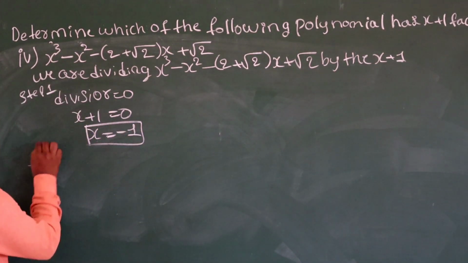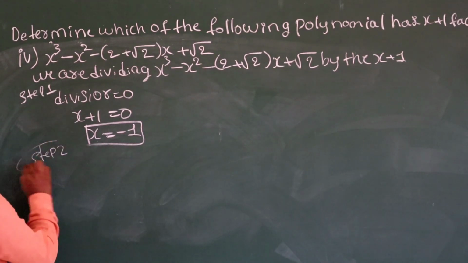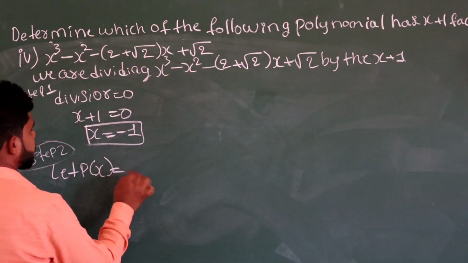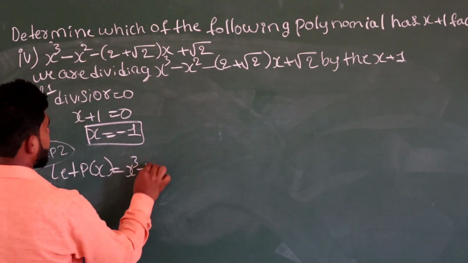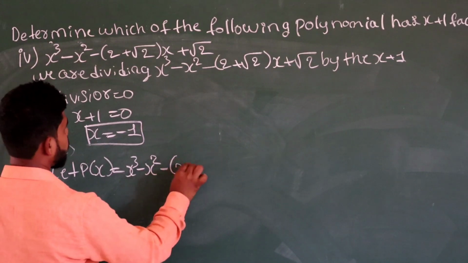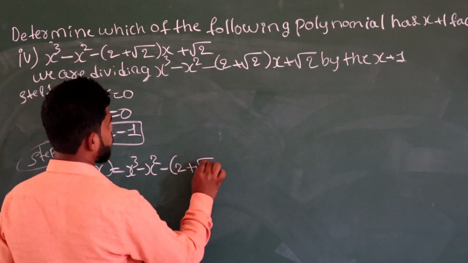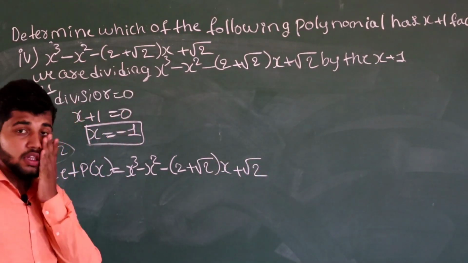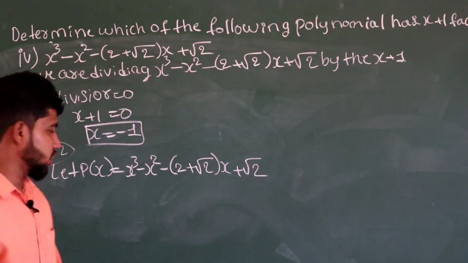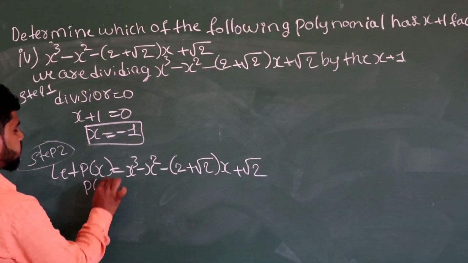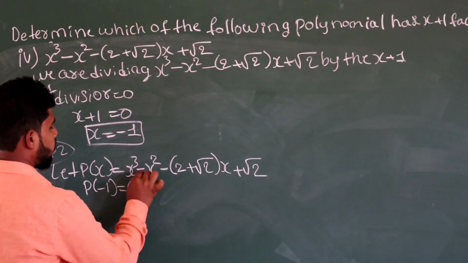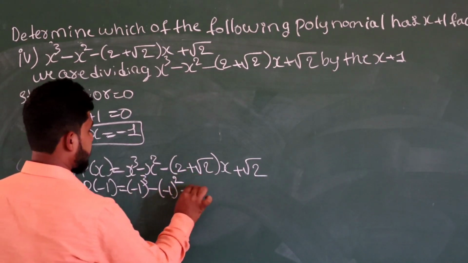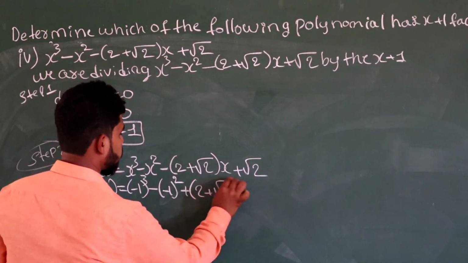Now step 2: let p of x be equal to x cube minus x square minus (2 plus root 2) x plus root 2. We already got the x value, x is equal to minus 1. So p of minus 1 is equal to (minus 1) to the power of 3 minus (minus 1) to the power of 2 plus (2 plus root 2).